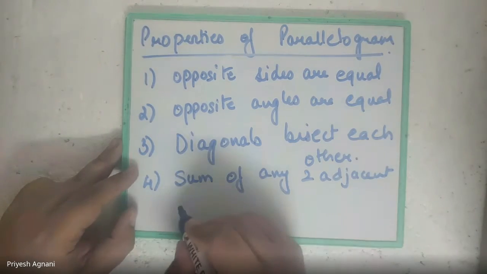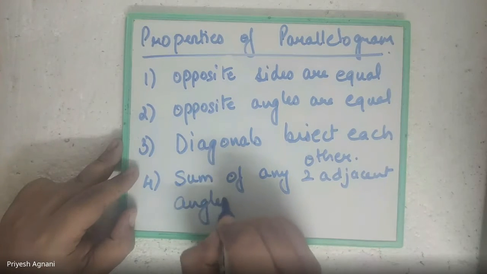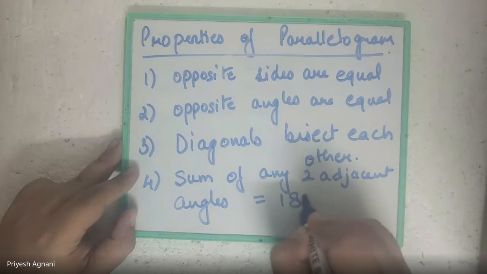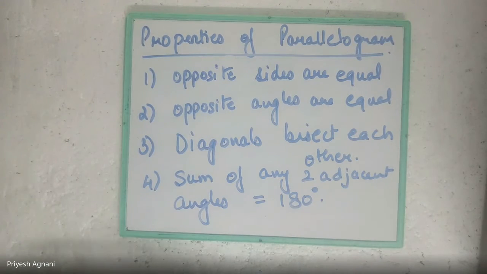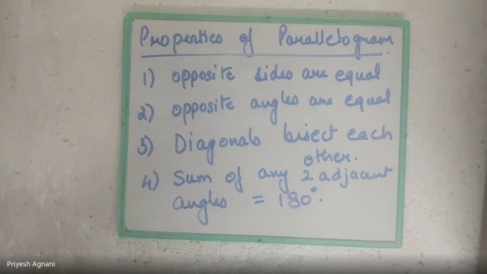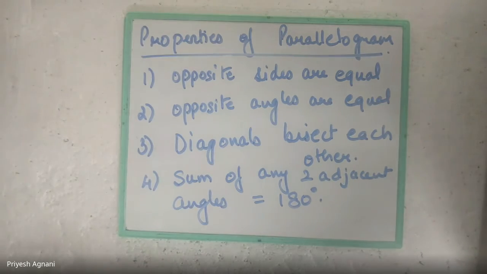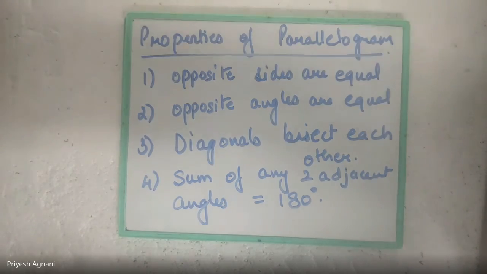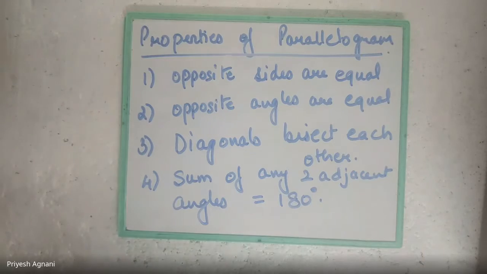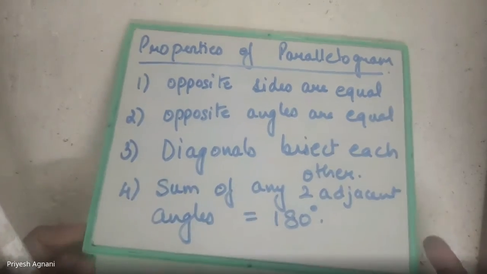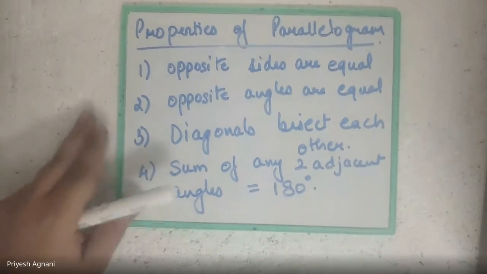Sum of any two adjacent angles is equal to 180 degrees. These are the four properties. Please write it down, everyone.